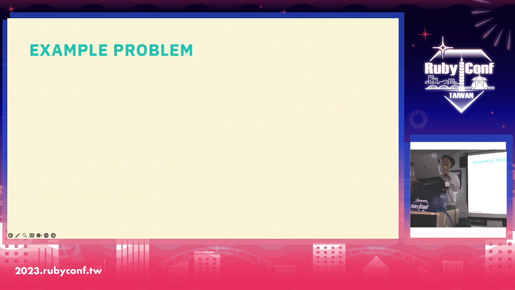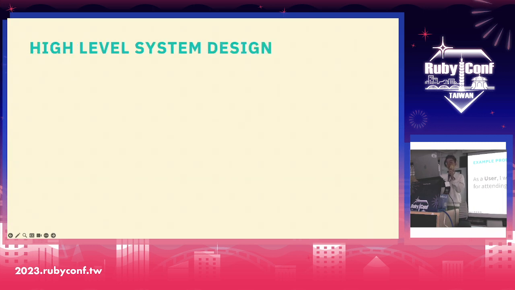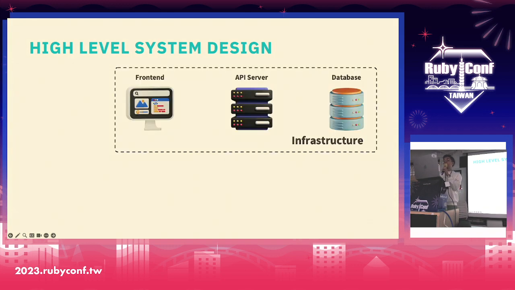Let's dive into a hypothetical scenario. Imagine we are creating a solution for purchasing tickets for RubyConf. Today I have chosen a web application for the example because it's familiar to most and the concepts are universal. I'm going to visualize the high-level system design as the backbone of our web application.